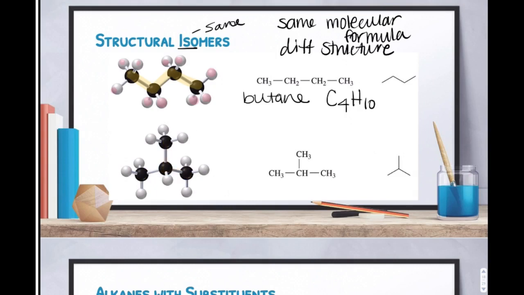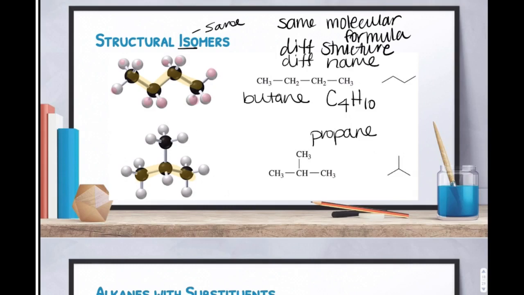Every option gives me a longest chain of 3. So let's just highlight my longest chain here. 1, 2, 3. It doesn't matter which one I choose. So longest chain means this is going to be a propane. So already it has a different name. So we're looking at different structures and different names for this.